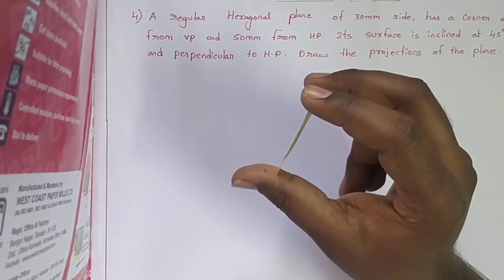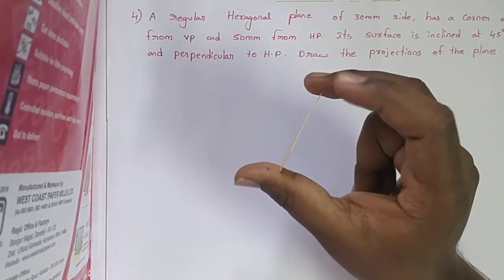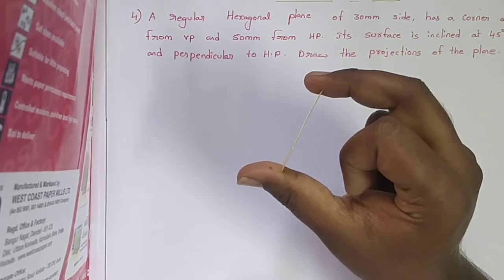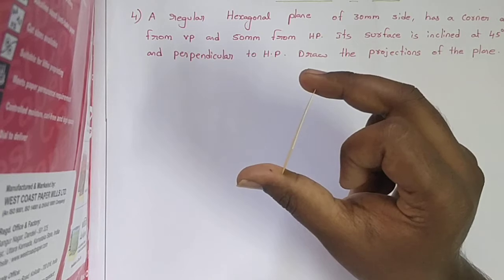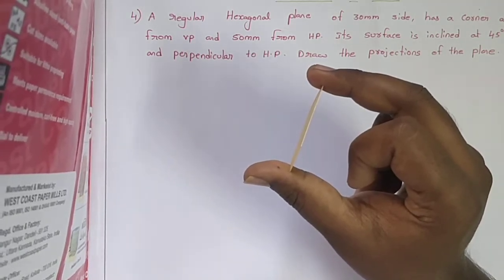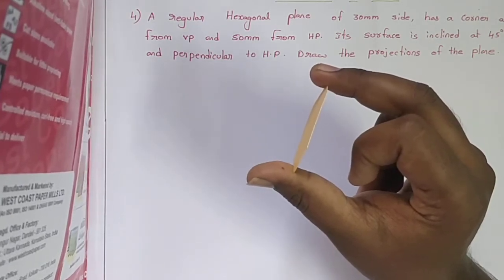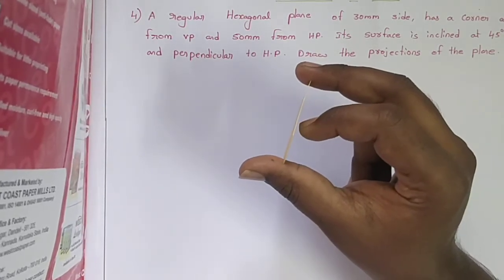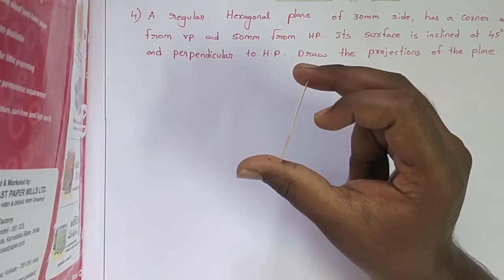Then we need to draw the positions, top view and front view. This is the position of the object: one of its points is 20 mm in front of VP and 50 mm above HP, and its surface is making an angle of 45 degrees to VP and perpendicular to HP. The top view will be one straight line inclined at 45 degrees to VP.